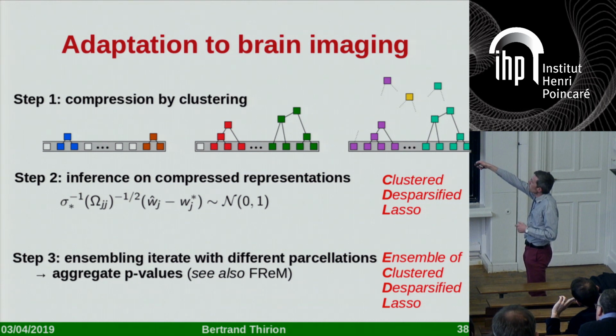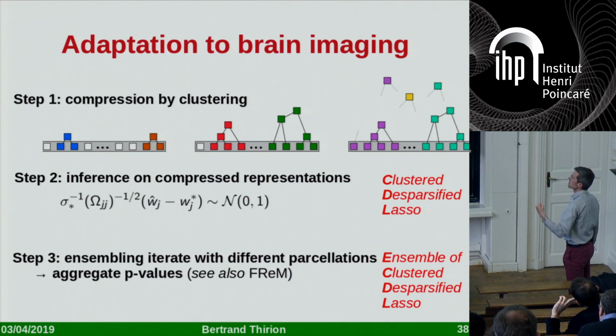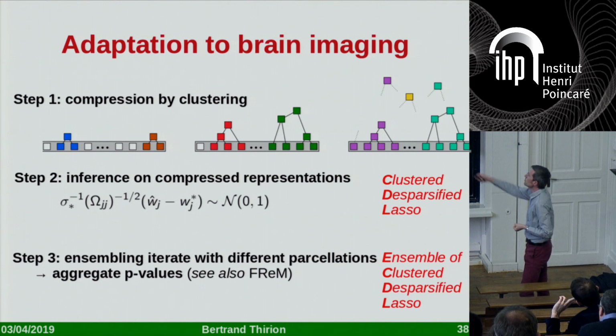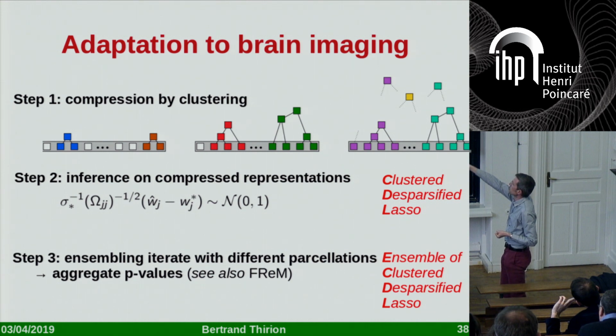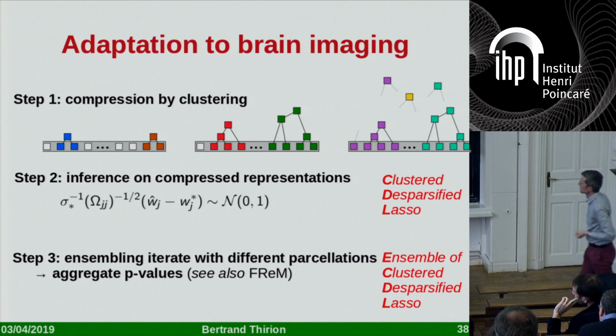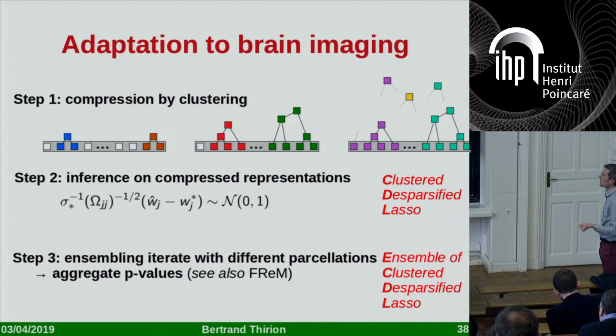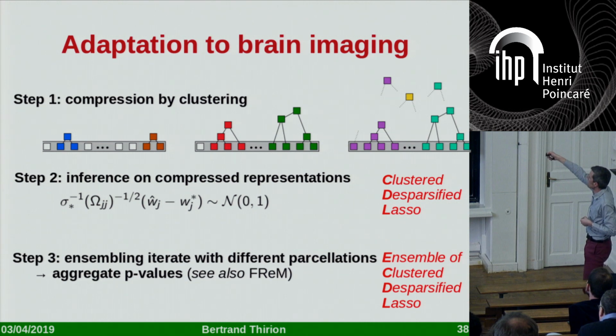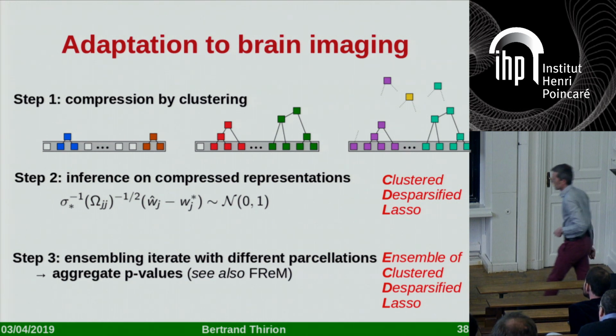And then you do inference on the clustered representation. So you obtain a WJ hat for each clustered representation, and each voxel will inherit essentially the p-value corresponding to this WJ hat. And then you just need to aggregate the p-values across the clusterings. So this is the ensemble of clustered Desparsified Lasso.